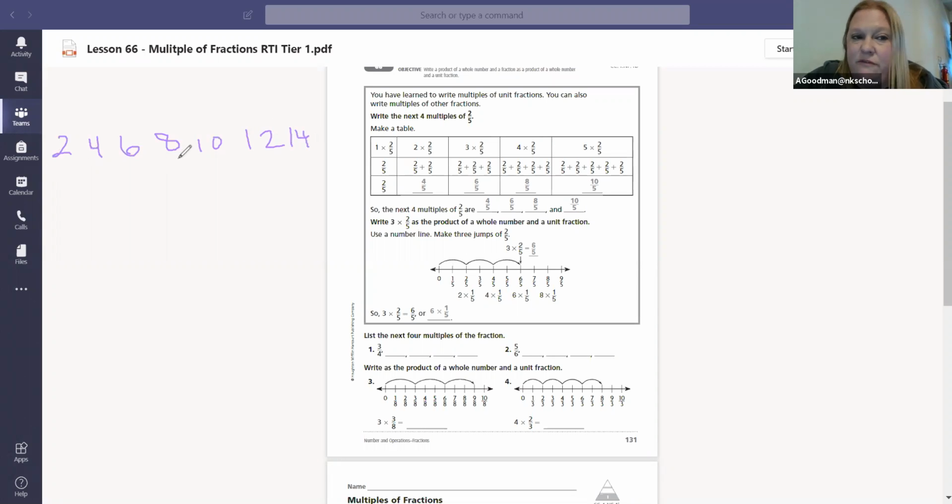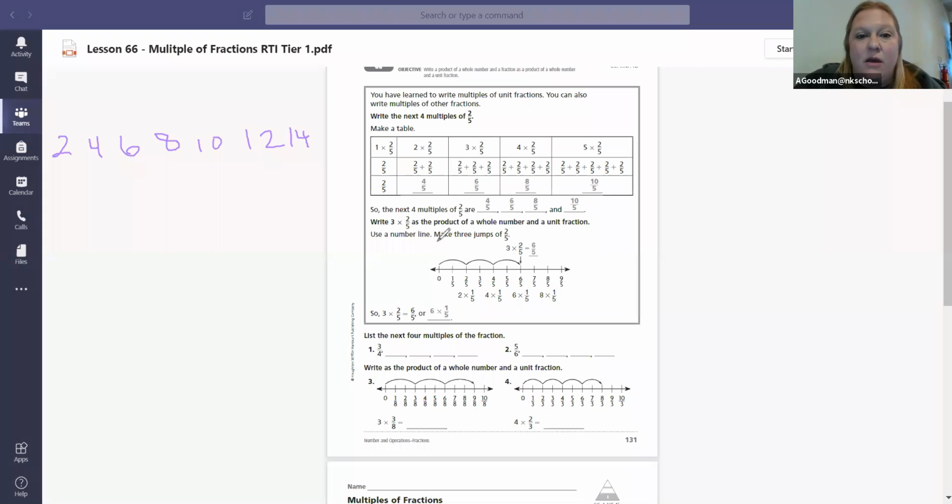And you would put fifths under all of them. I'm not gonna do that right now. But the first multiple would be 2/5, the next multiple 4/5, 6/5, 8/5, 10/5, 12/5, 14/5. Really, you're counting by 2/5. So the next 4 multiples of 2/5 are 4/5, 6/5, 8/5, 10/5.